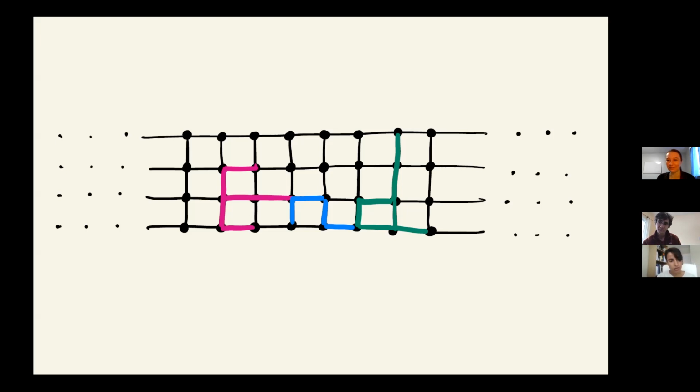Do you know how to make progress on that, or is that too far away? The harder conjecture? Yeah, the one you were using. I haven't thought much about it. That's okay. Fair enough.